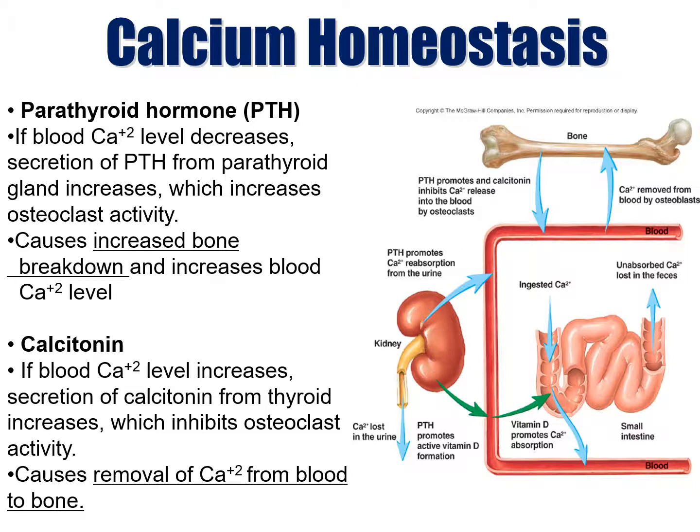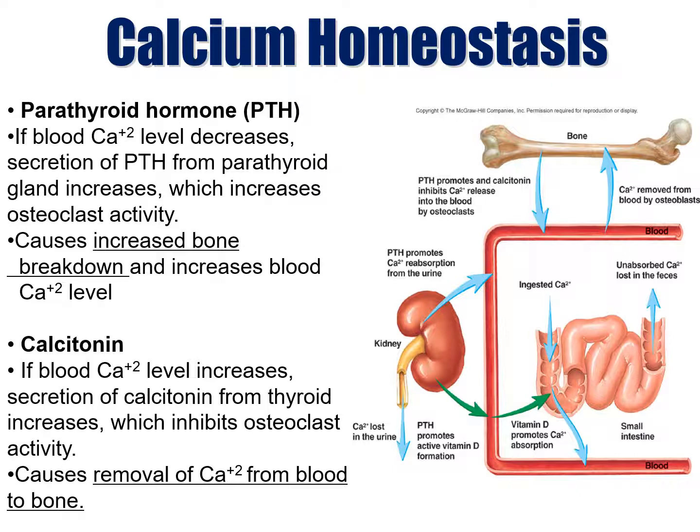Parathyroid hormone is secreted by the parathyroid gland, while calcitonin is secreted by the thyroid gland. You can see in the figure how calcium moves between bone and blood all the time. Whenever the level of calcium is low in the blood, parathyroid hormone becomes active. It activates or stimulates the osteoclasts, and the osteoclasts cause bone resorption.